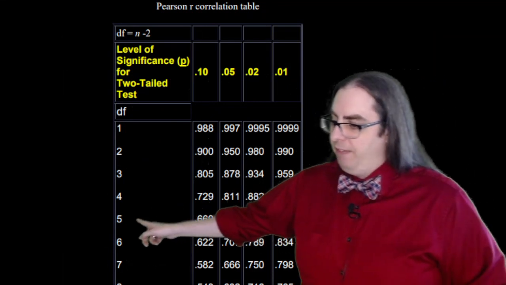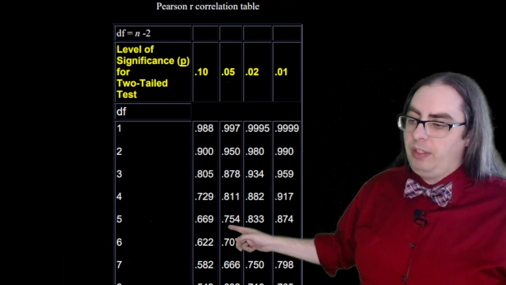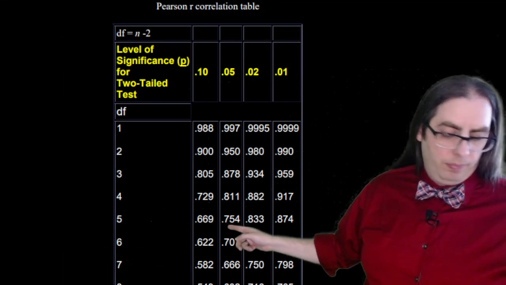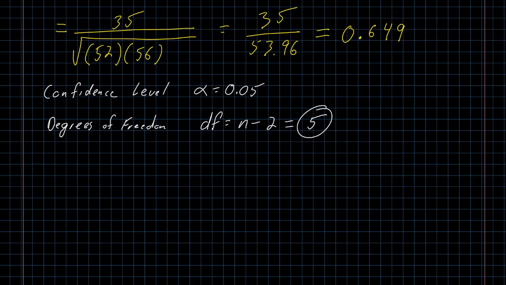And at 5 on this column, we have 0.754. So I'm going to come over here and write that the critical R equals 0.754.